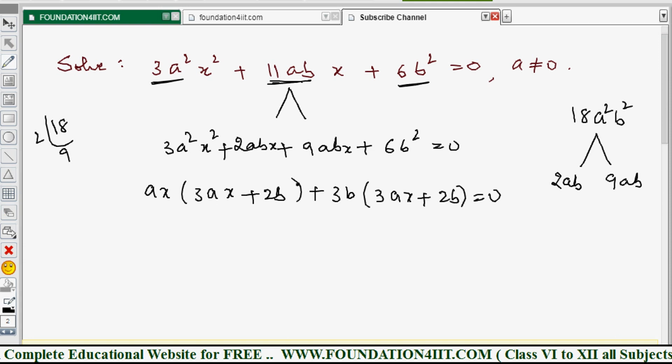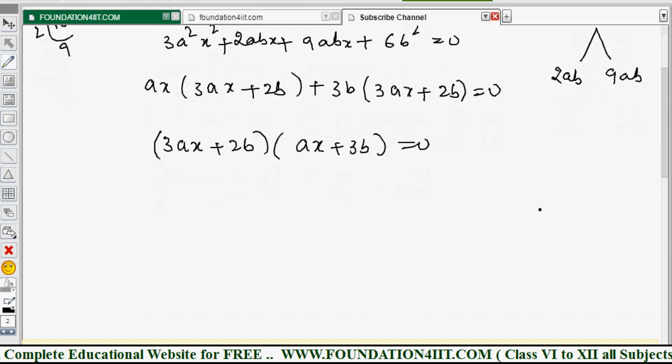Just try to take the maximum common, and within the bracket you should get the same. So finally we got 3ax plus 2b in bracket is same, common ax plus 3b, is equal to 0.